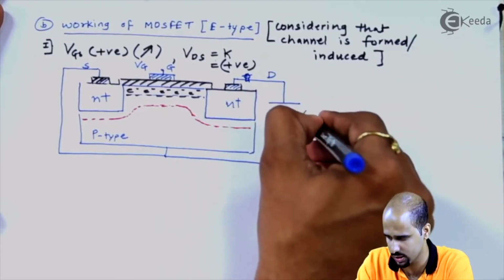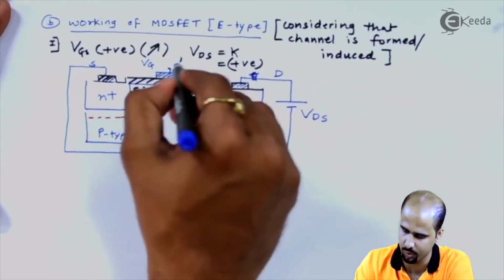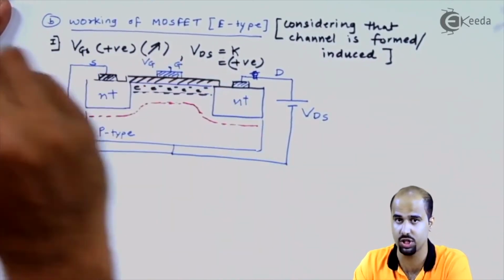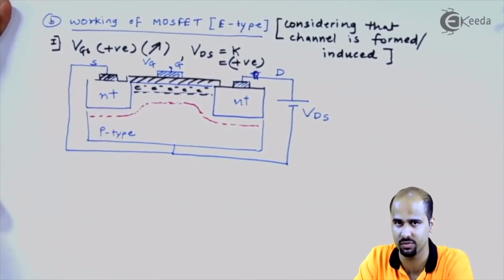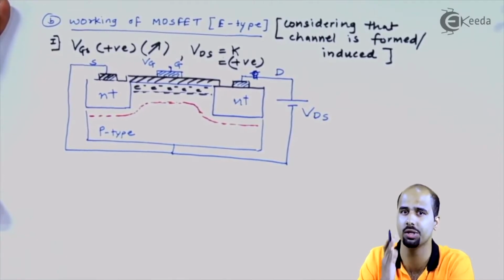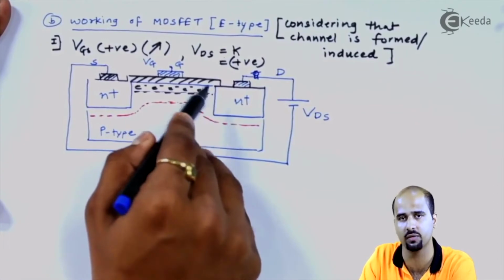So this is nothing but VDS. What will happen? Let us start the function. One more very important fact: even if VGS is positive, VGS should be greater than your threshold voltage where your channel is getting formed.